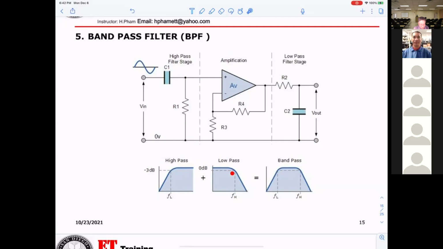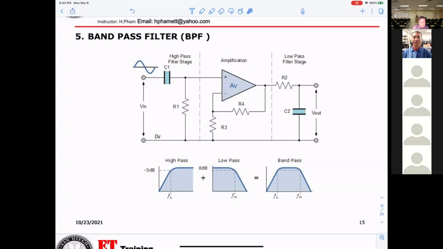When it hits the low pass filter, it stops any signal higher than its cutoff. That's how they come up with the output of the band pass filter. So the band pass filter is made up of the high pass and the low pass filter.